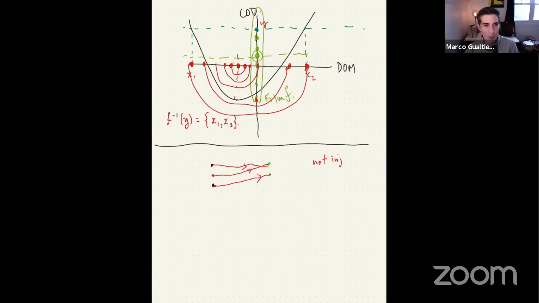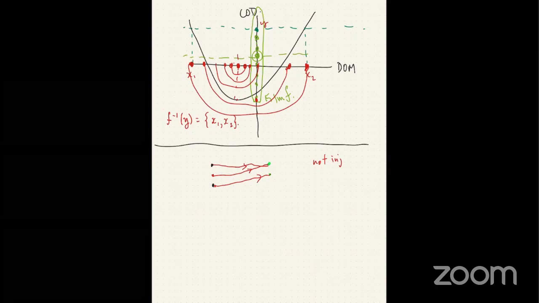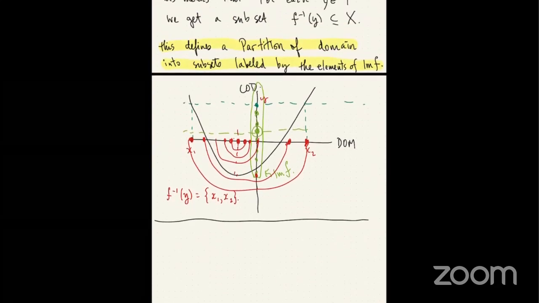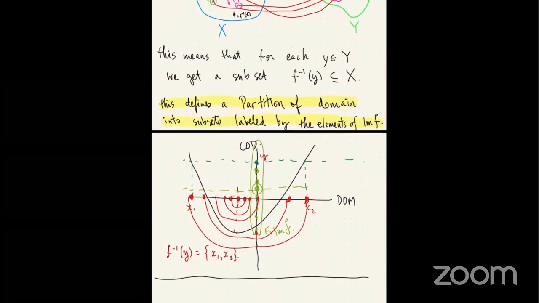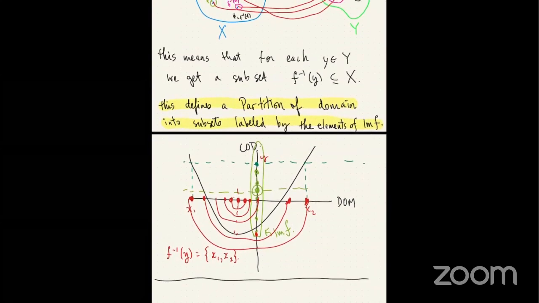Other questions? Yeah, I do have other questions. Can we say that the image of a map is just the map between domain and range?